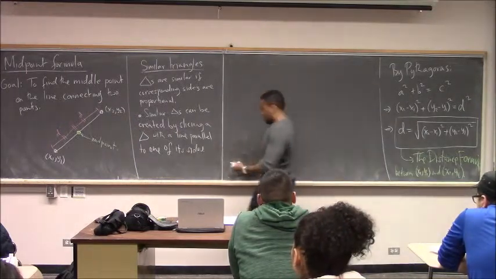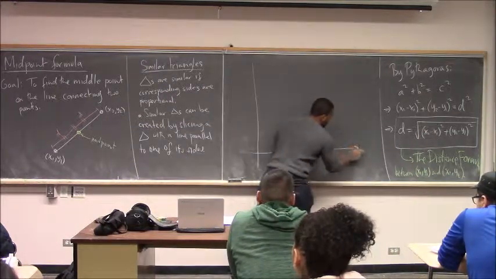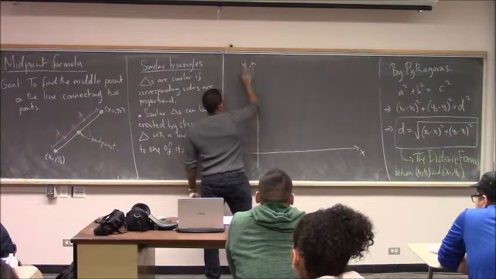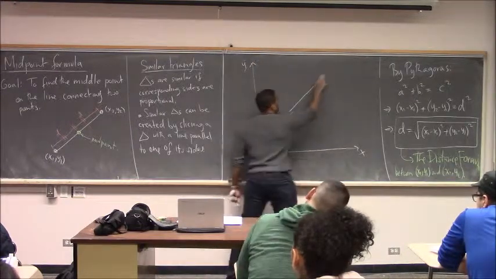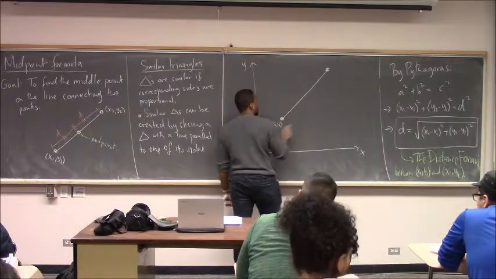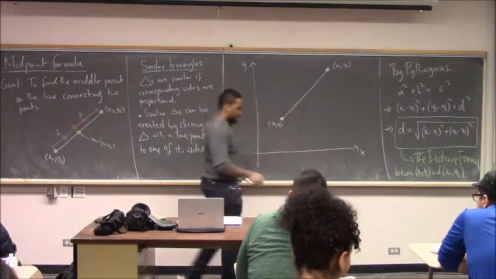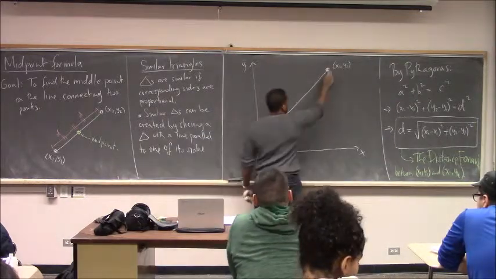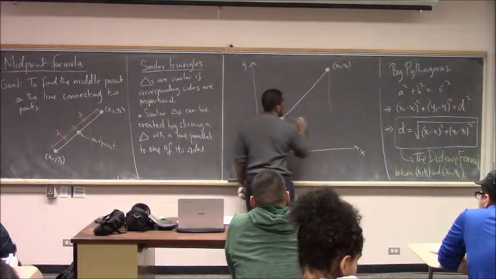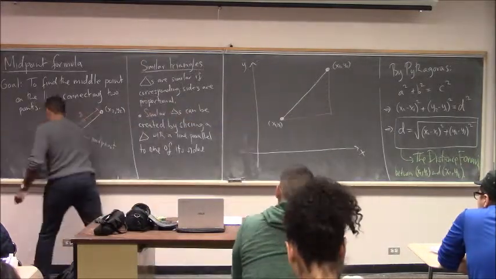And here's how you'd actually think about it. So imagine here, again, we're on the xy plane. We have 2 points, x1, y1, x2, y2. And again, I can kind of create this triangle. Now, what I care about is the midpoint.